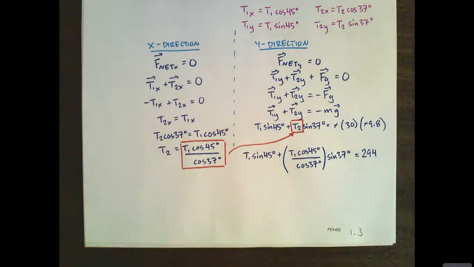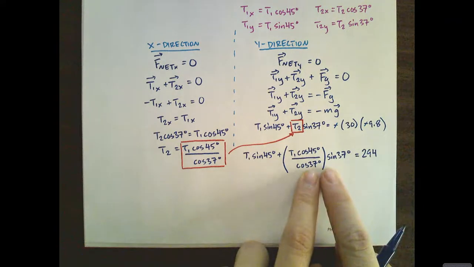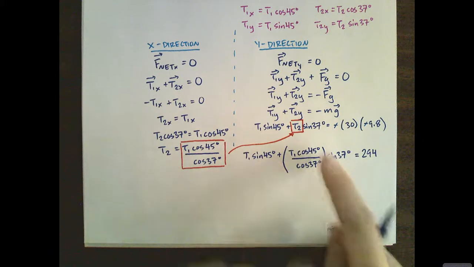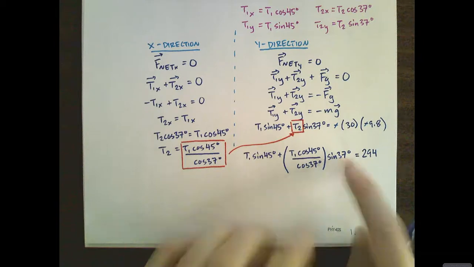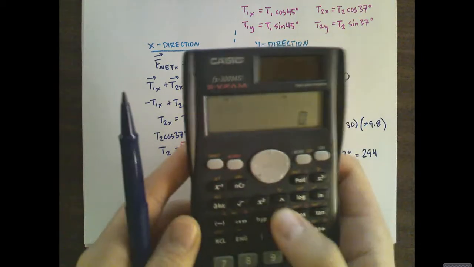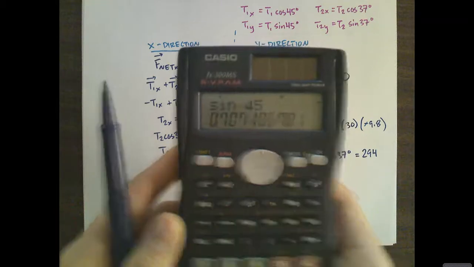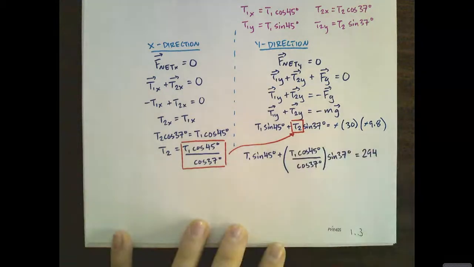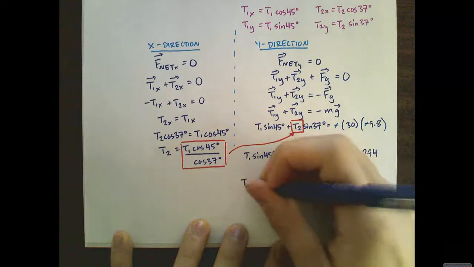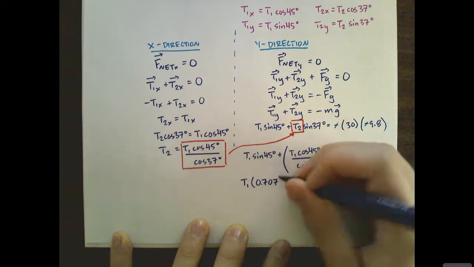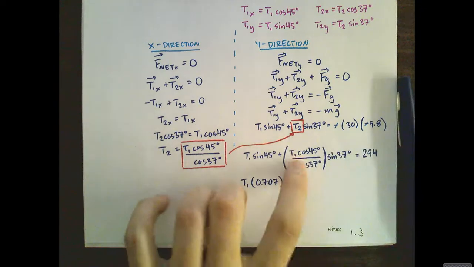Okay. Now, this looks really confusing, but it's actually not that confusing when you realize that sine 45, cos 37, sine 37, they're all just numbers. If you take a calculator and you plug in sine of 45, you're just going to get 0.707. Well, let's just plug those in right now. T1 times 0.707. Let's do this one now.